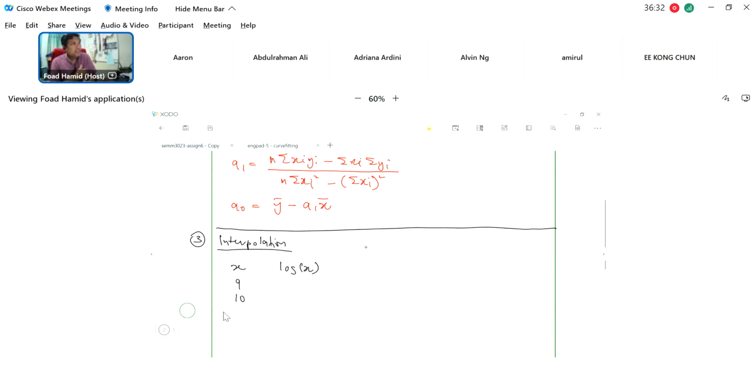Why don't we use Excel in this case, or maybe we can just do it this way. This is x, this is log x. Let's say this is 9 and this is 11, and I don't know how the curve looks, but let's say it looks something like this.